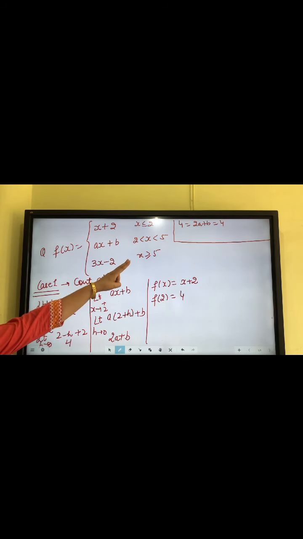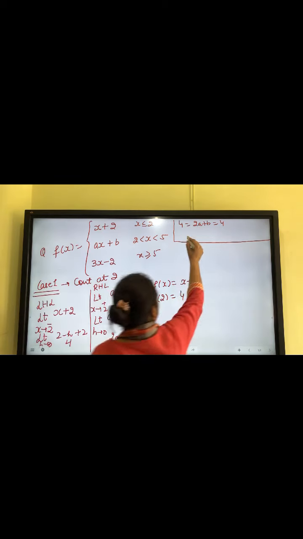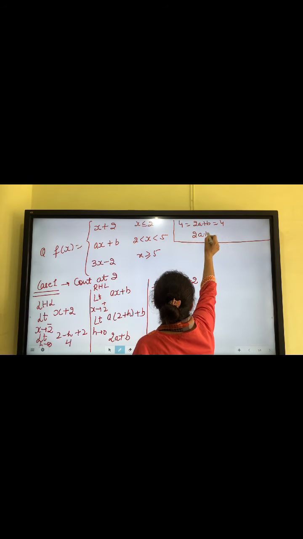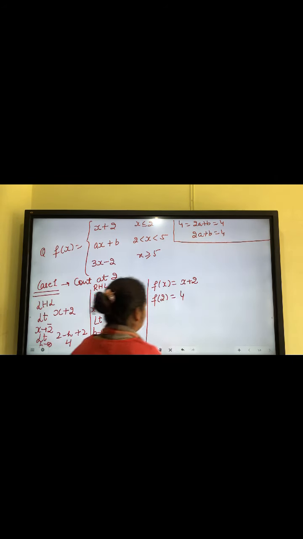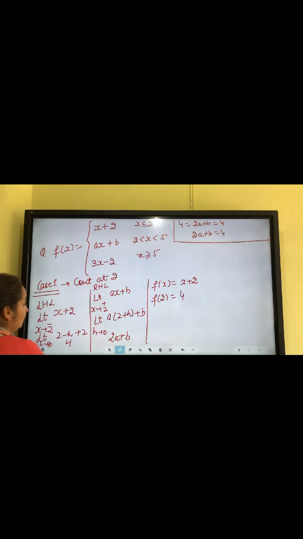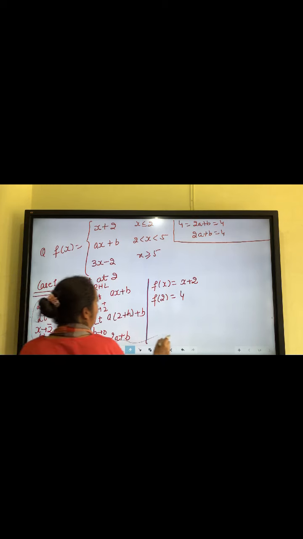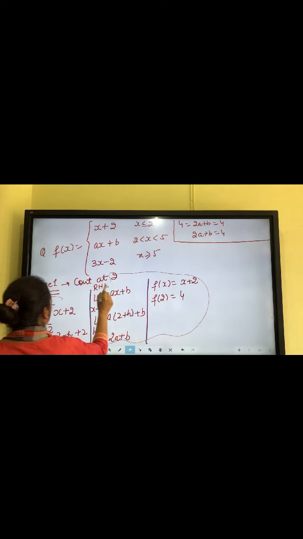Now for calculating the equation, we have to take any two sides, depending upon the situation of the question. 2a plus b is equal to 4. This is the first condition from discussing the continuity at the point x is equal to 2.